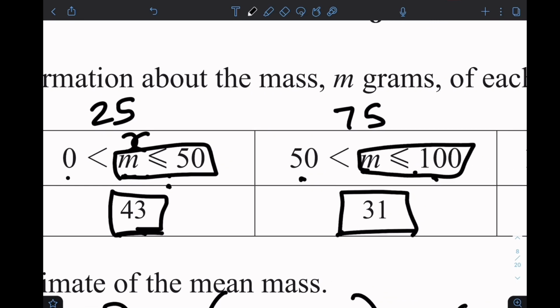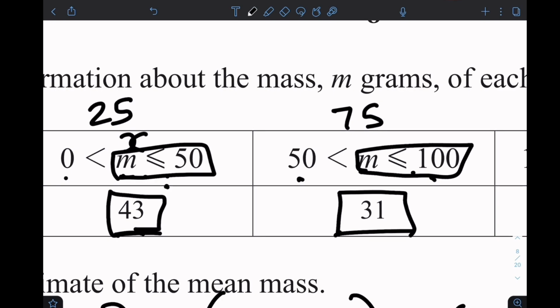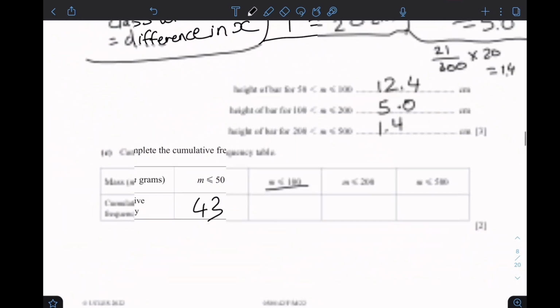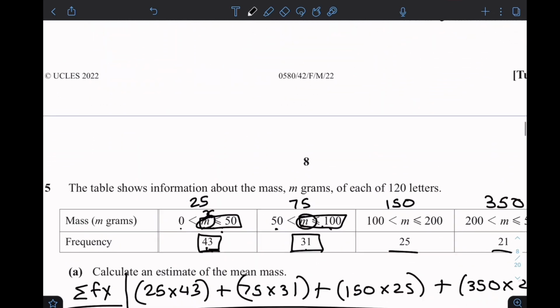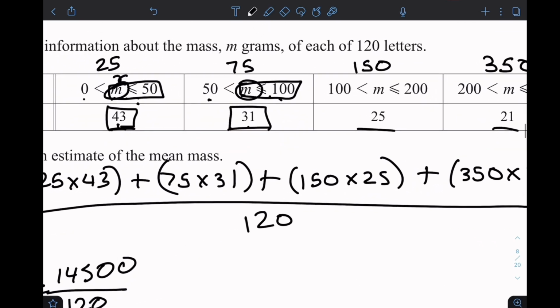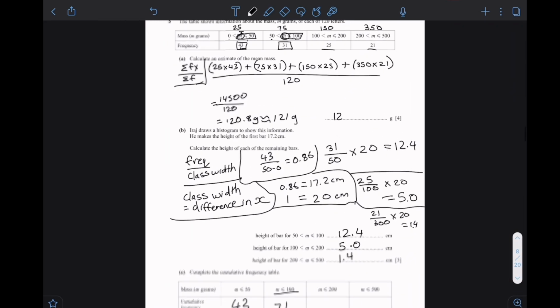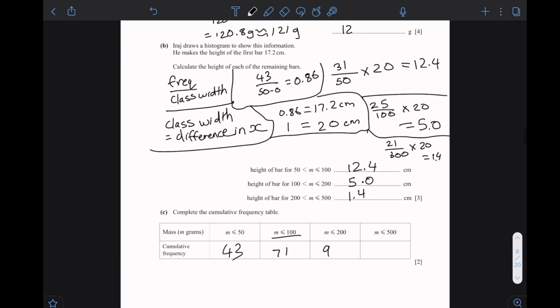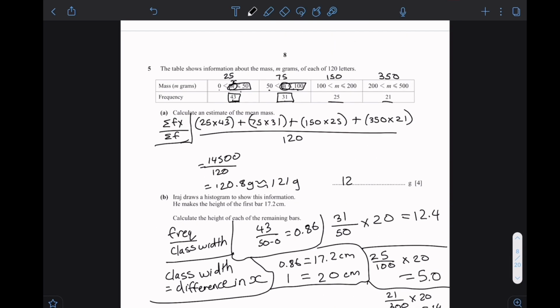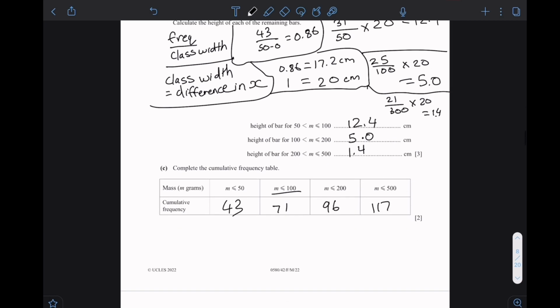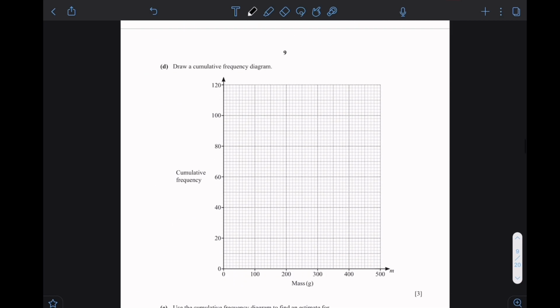Because let's say, for example, we have the number 43. 43 falls under this category as well as this category. So that means we need to add up 31 plus 43, which is 74, because that's the total frequency of m less than or equal to 100. So similarly, you add 74 plus 25, which is 99, and then you do 99 plus 21, which is 120. That's basically how it works.